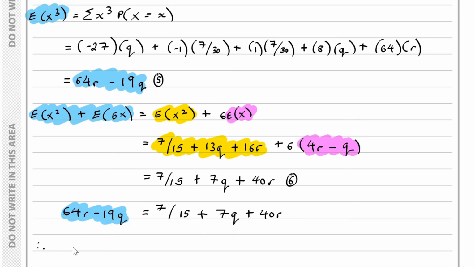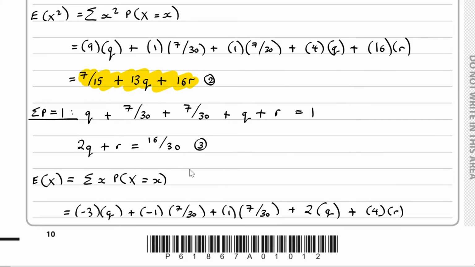And if we tidy all this up, take everything over to one side, we have 24r, so that's 64r take away 40r, and then we have minus 26q, and this is equal to 7/15. Okay, we'll call this equation 7, and we've got this equation number 3 over here.